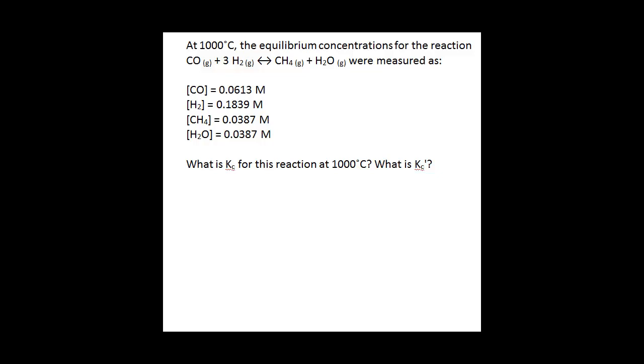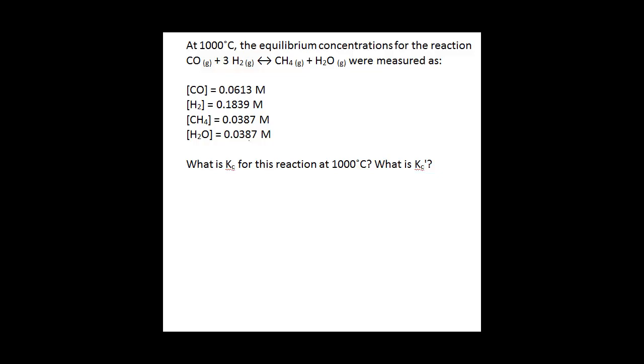And you know the concentrations of all of those products and reactants: carbon monoxide is 0.0613, hydrogen is 0.1839 molar, methane is 0.0387, and water is 0.0387 molar as well. So the question is asking, what is Kc for this reaction at 1000 degrees Celsius? So let's find Kc first, and then we'll find Kc prime.